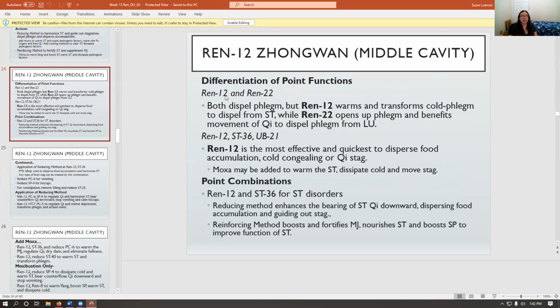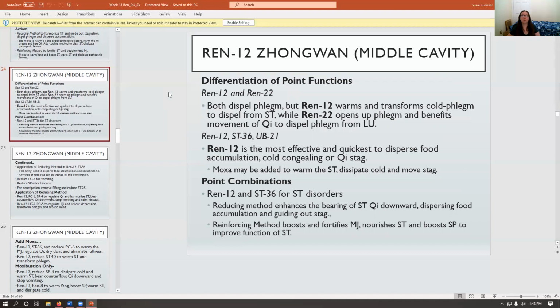Okay, differentiation here, Ren 12, Ren 22. We talked a little bit about this earlier in our half of the term. We know that they both dispel phlegm. I think this is when we were talking about stomach 40. Stomach 40, Ren 12, Ren 22, all dispelling phlegm.